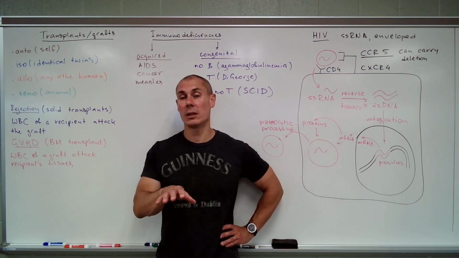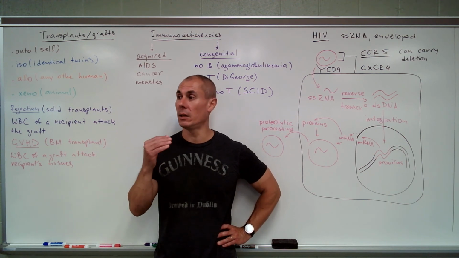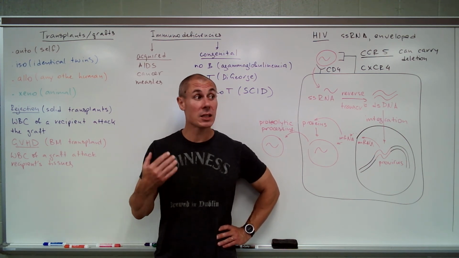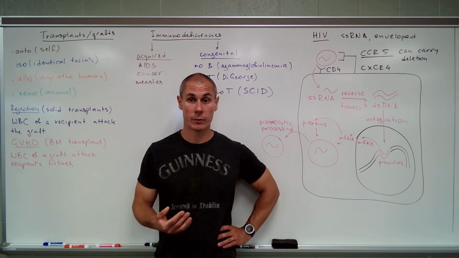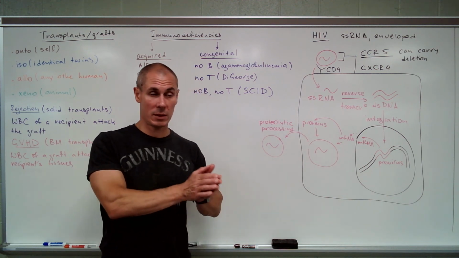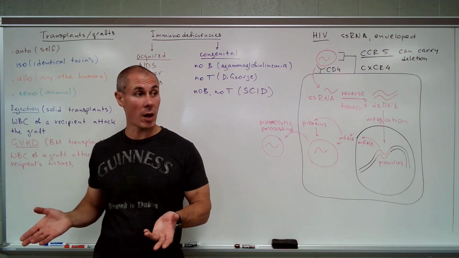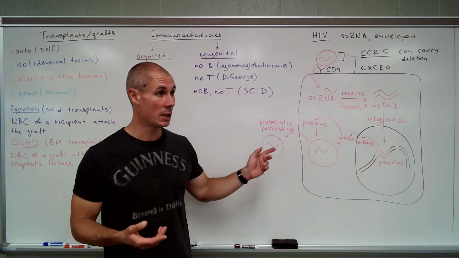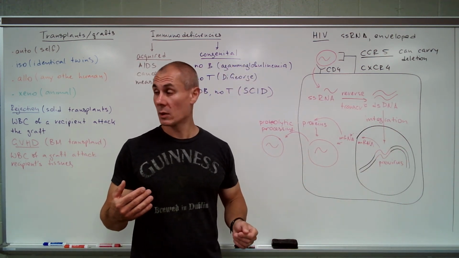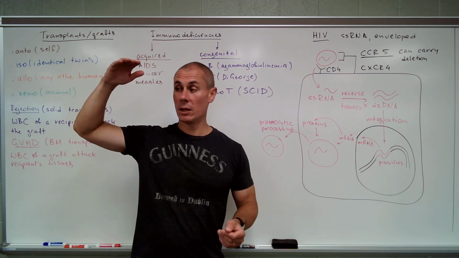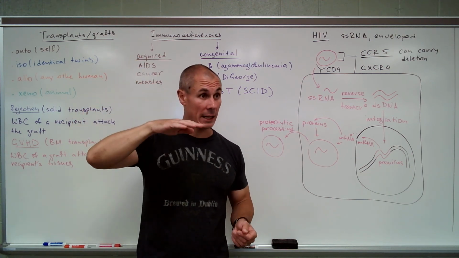Although, strictly speaking, check this out, it's not latency in the classical sense. You can detect the virus in the blood. Basically, it's the delicate balance between the immune system and the virus. But here's the problem. Virus, by replicating in the CD4 T cells, kills them. So levels of CD4 T cells constantly decline.